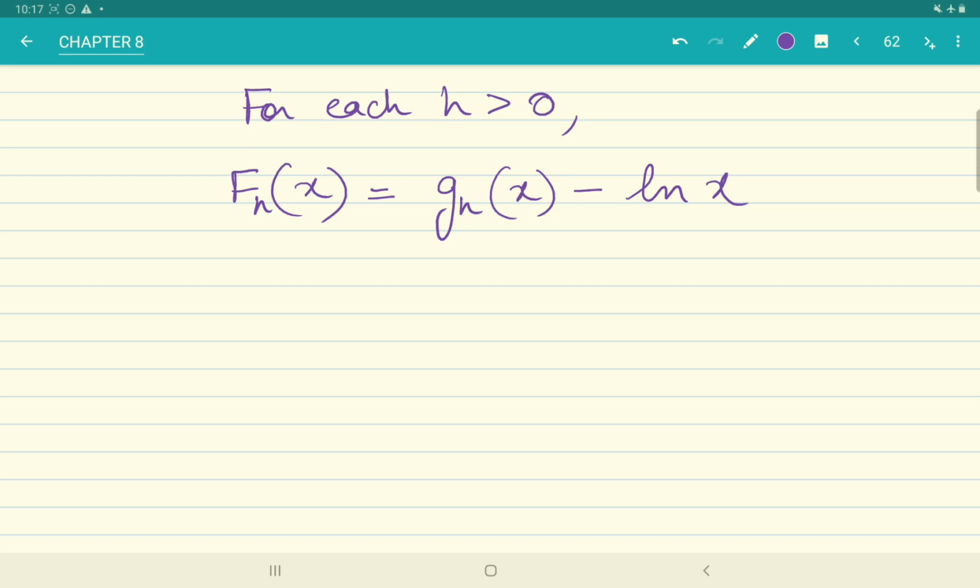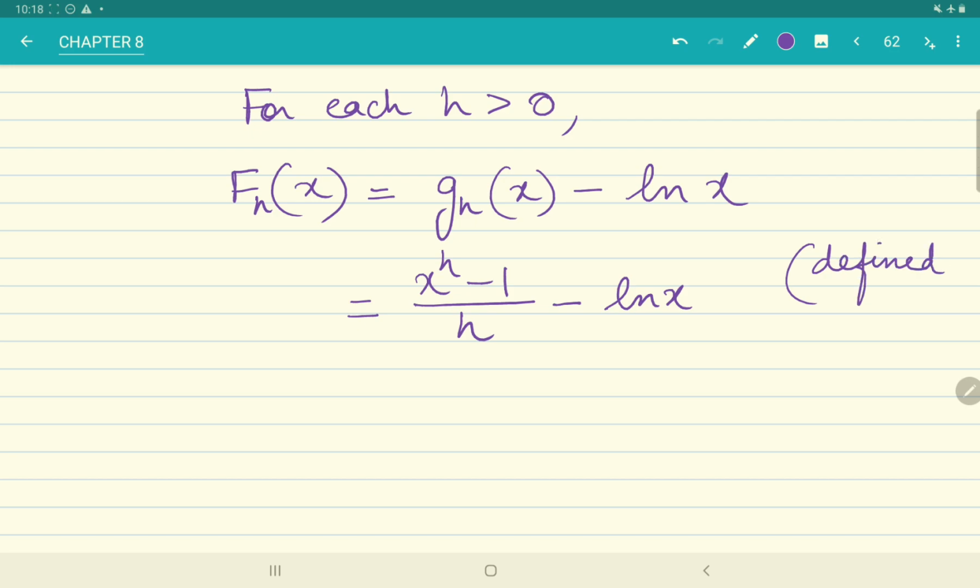For each h greater than 0, we define a function f h of x, which is equal to g h of x minus ln x, and I can now write it this way. What is g h of x? I know it is x raised to the power h minus 1 by h minus ln x, and this function is obviously defined for x greater than 0.